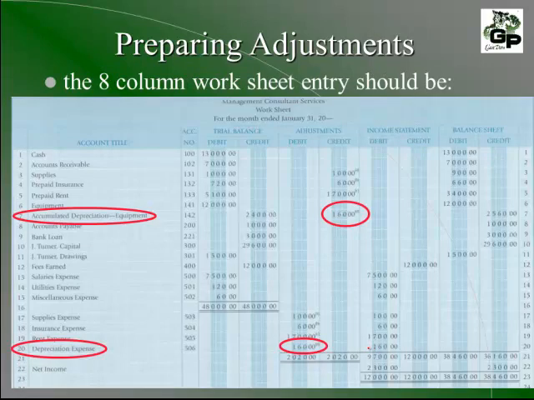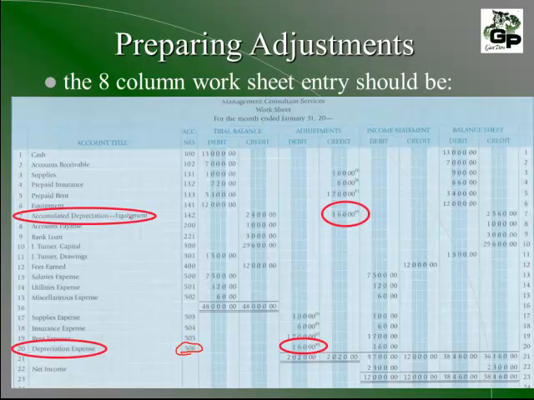On the worksheet, we have to add these two adjustments. A new account is created at the bottom called depreciation expense with its appropriate number. The amount that we calculated was $160, and that goes in the debit column of the adjustments.